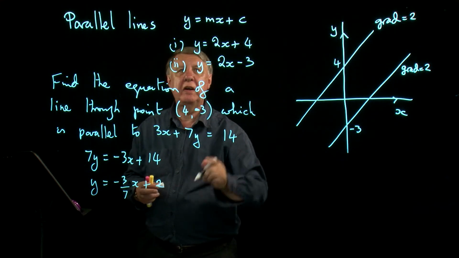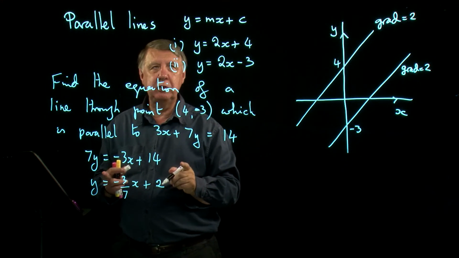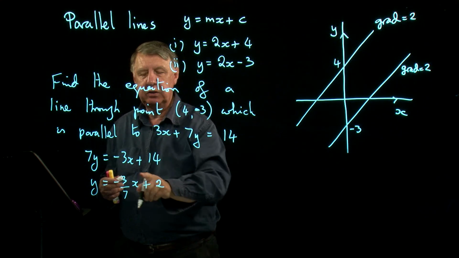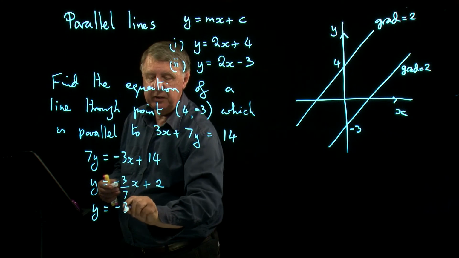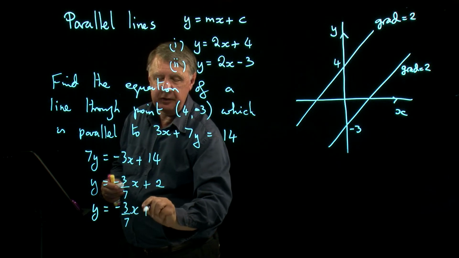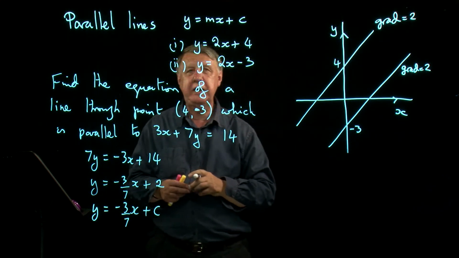And then, because they'll remember this formula, they'll say, oh, okay, so it's got to be parallel, so it's still that. And then they'll say, okay, so it must look like y equals minus 3/7 x plus c.